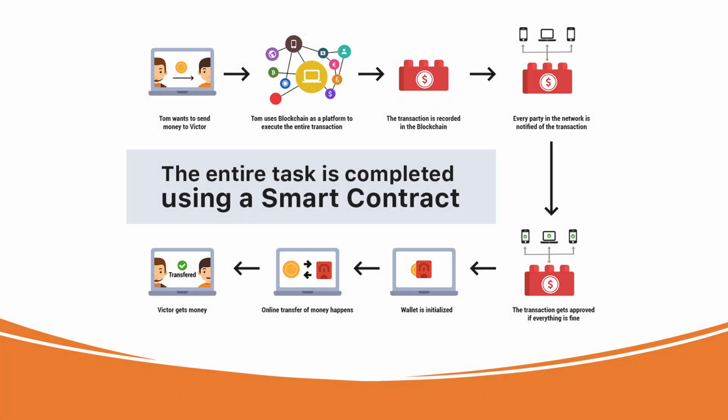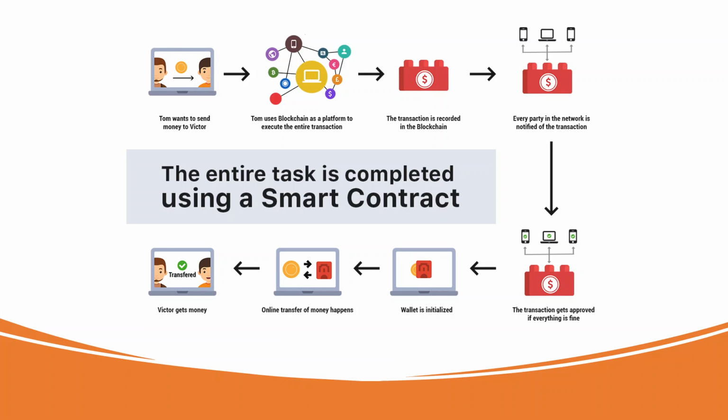So let's see an example where Tom wants to send money to Victor. Tom uses blockchain as a platform to execute this entire transaction. This transaction is recorded in the blockchain, and every party in the network is notified of this transaction. The transaction gets approved if everything is fine by the nodes present in the blockchain network.